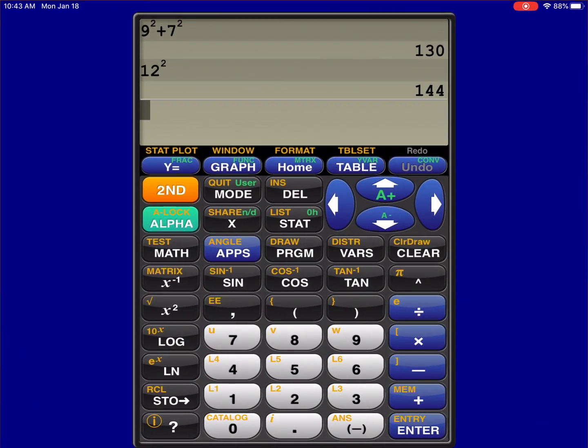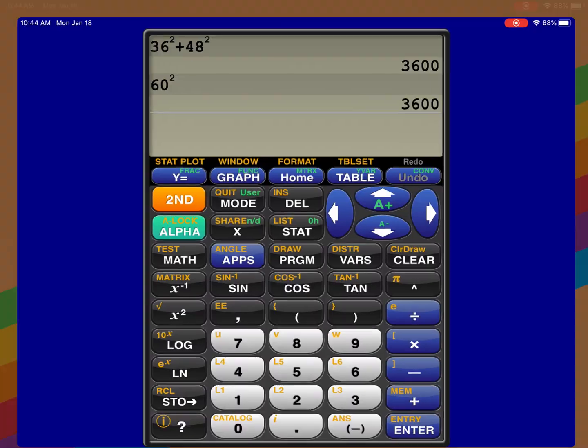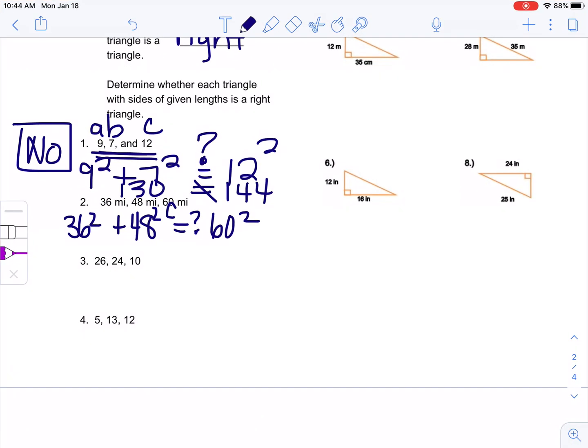Calculator. 36 squared plus 48 squared is 3,600. 60 squared is also 3,600. So a squared plus b squared does equal c squared. So this would be a yes. Those three sides would form a right triangle, because 3,600 does equal 3,600.